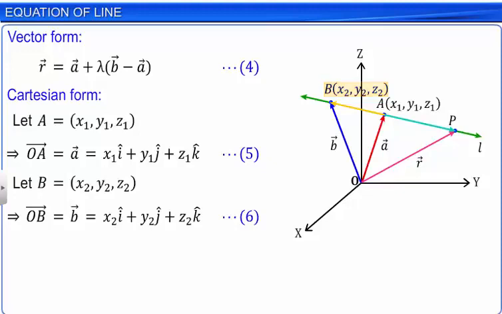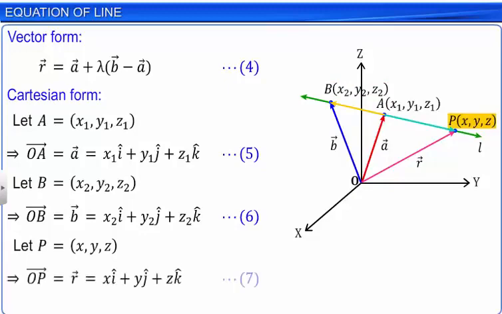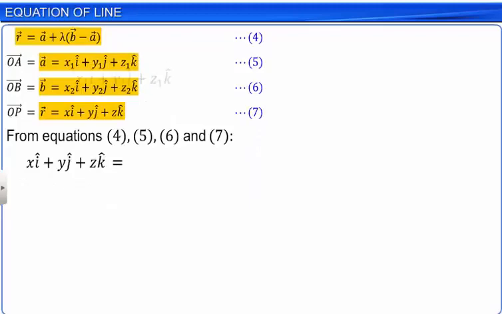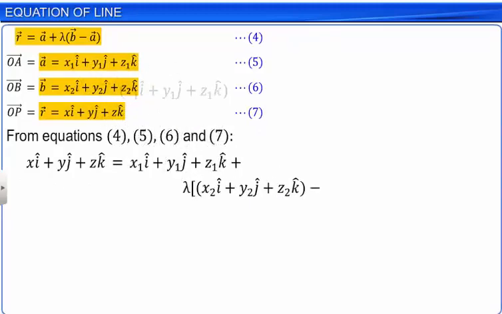If the coordinates of point P are x, y, z, we can write the position vector of point P as shown. Substituting the values of vectors A, B, and R from equations 5, 6, and 7 in equation 4, we get equation 8.